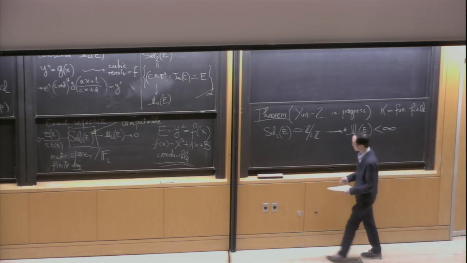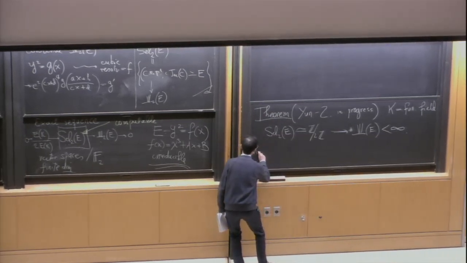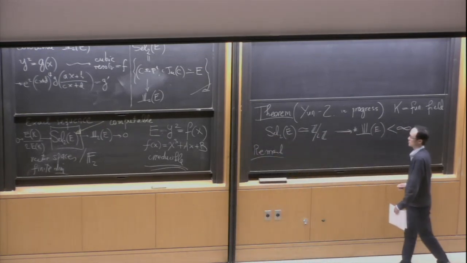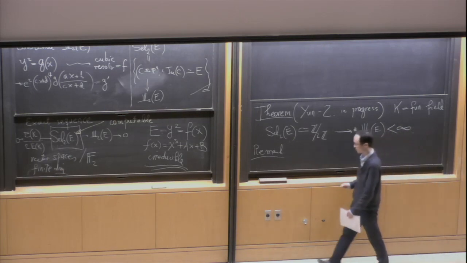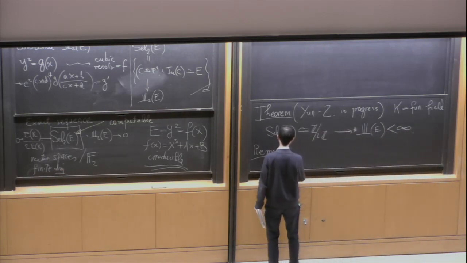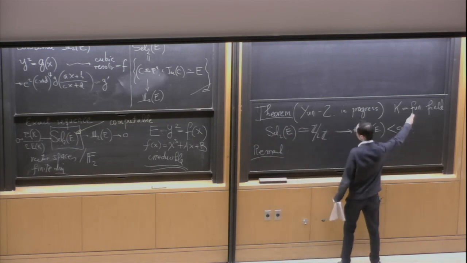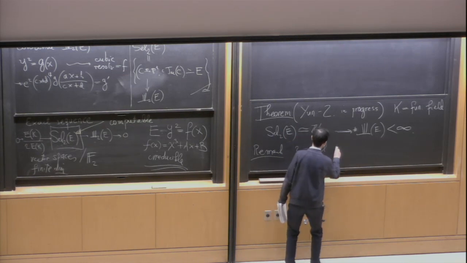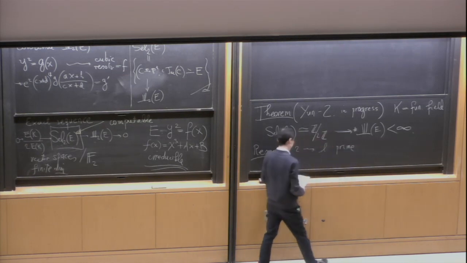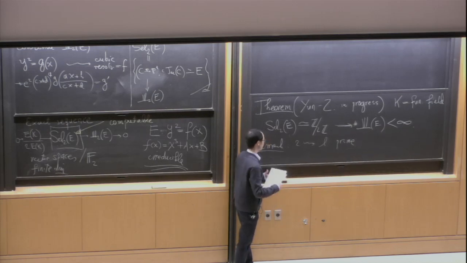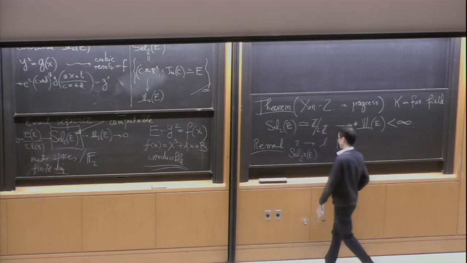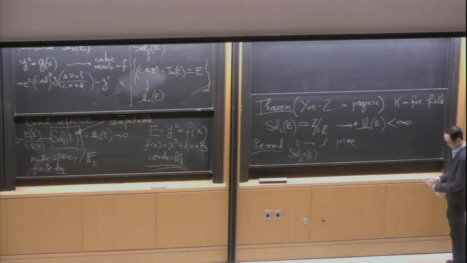So let me remark. Here, the prime 2 is not essential. You can replace 2 by any prime, as long as you avoid the characteristic of my function field here, so 2 can be replaced by any prime l. And you can also do a stronger version, like you can even define the 2 to the nth power Selmer group, and the same result will be true.